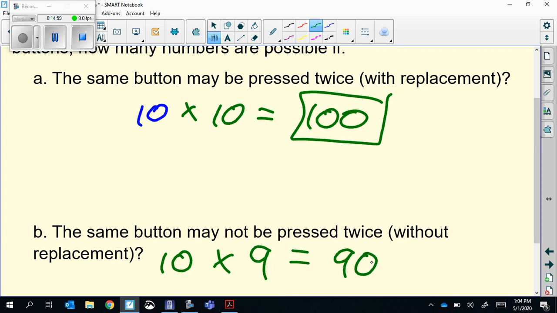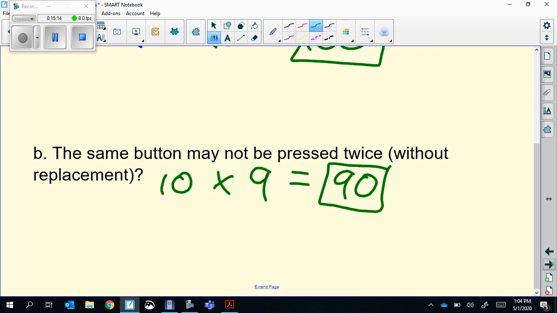Multiply that out. There's 90 options. Should make sense. You've eliminated one from each ten, basically. Like we eliminated 11 and 22, 33, 44, 55. We've eliminated all of those, one from each ten.